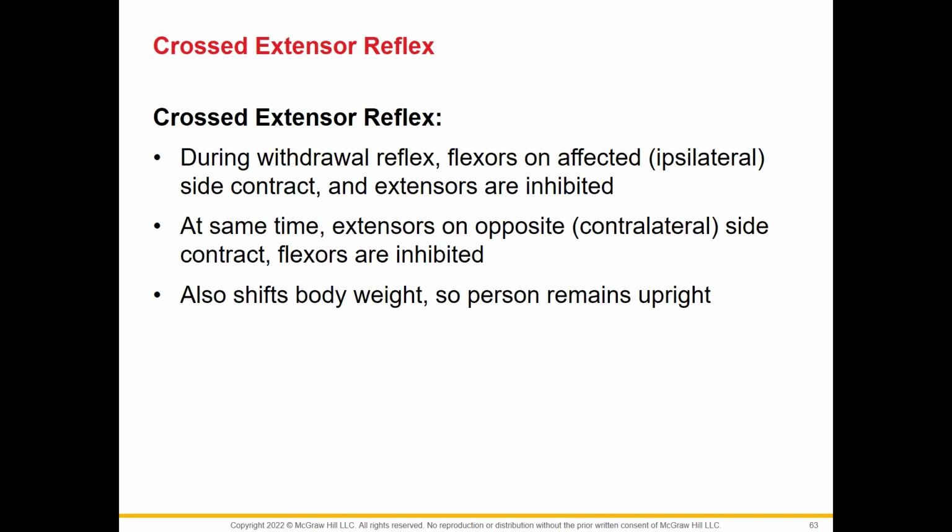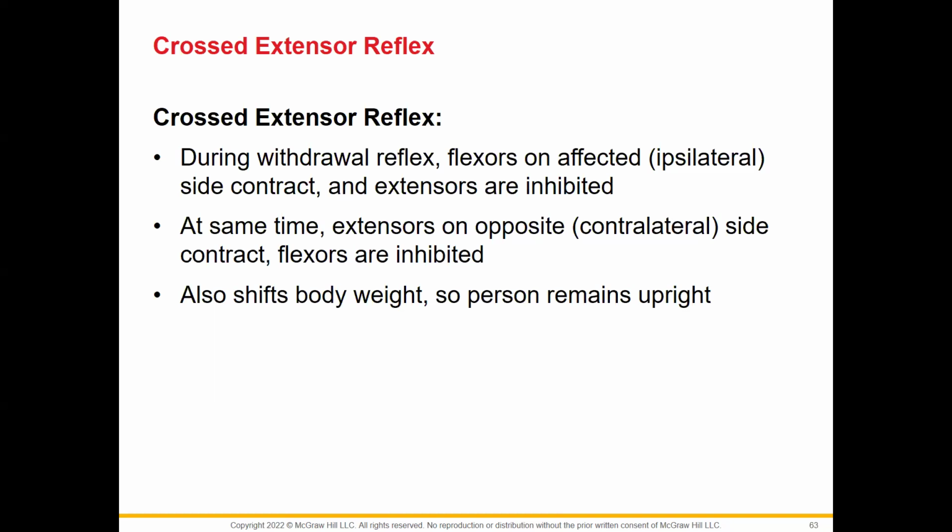Crossed extensor reflex. The crossed extensor reflex occurs during the withdrawal reflex. So I just touched a hot stove. My arm is withdrawing my hand and lower arm away from the hot stove. So the flexors on the affected side, the ipsilateral side, will contract.